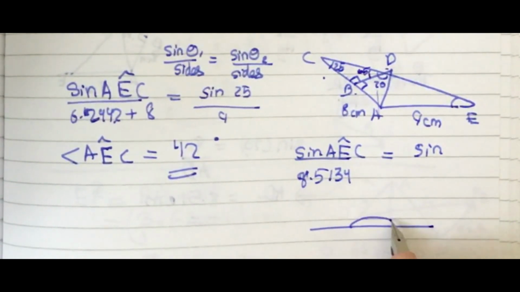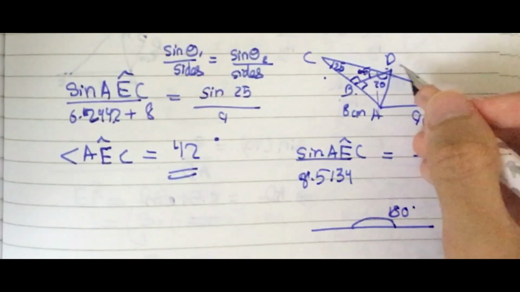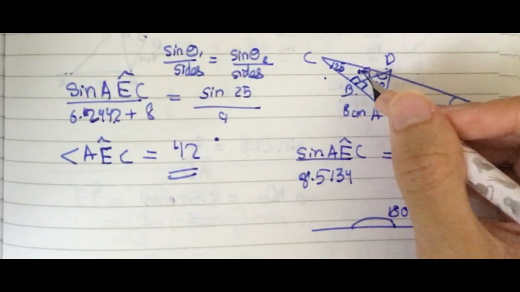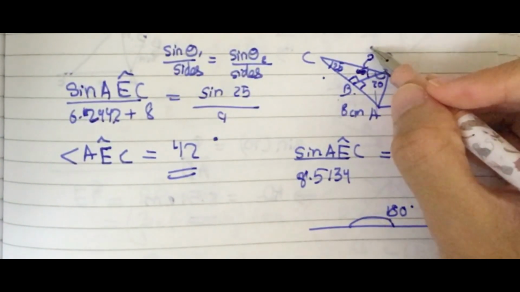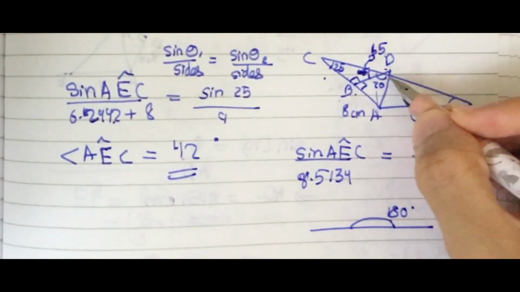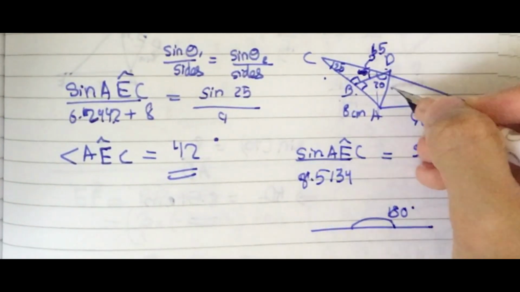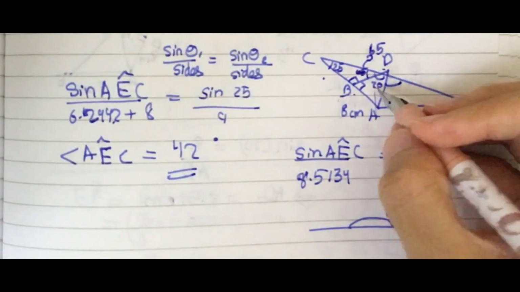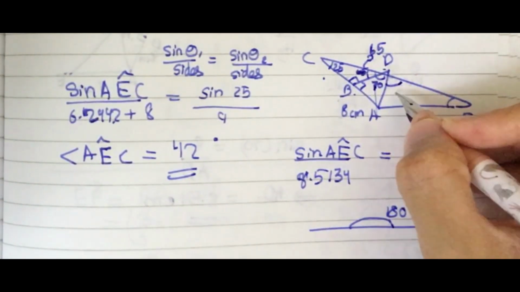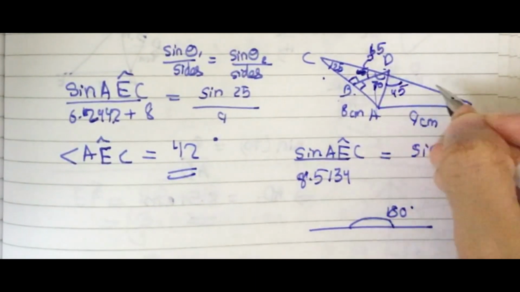So 180 minus, let me write it clearly, this is 65, and this is 20. So 180 minus 65 minus 20, so I get this as 70, not 20, 70, right? And this I get as 45, right?